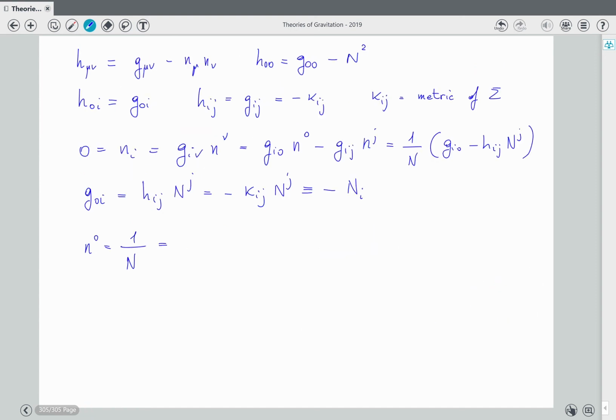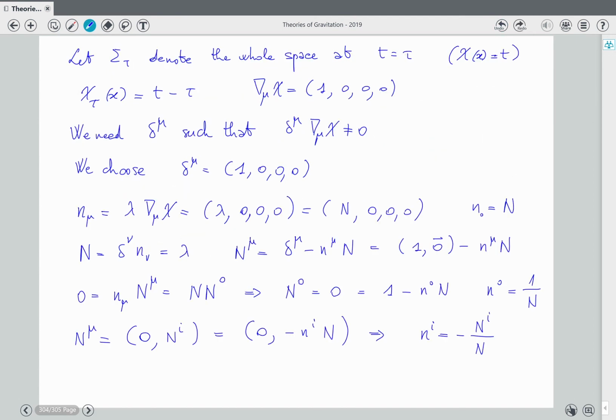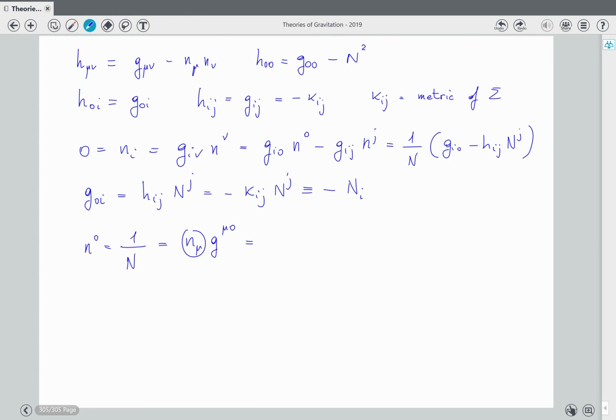But that is also equal to n_μ g^{μ0}. However, n_μ has only one component, which is capital N. So you have capital N g^{00}, and that implies that g^{00} is 1 over N squared.